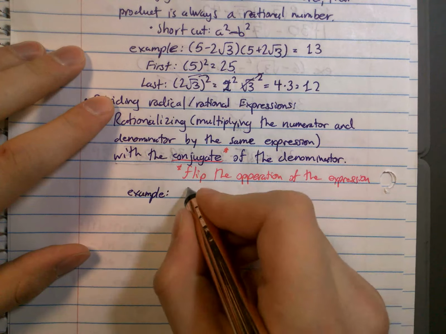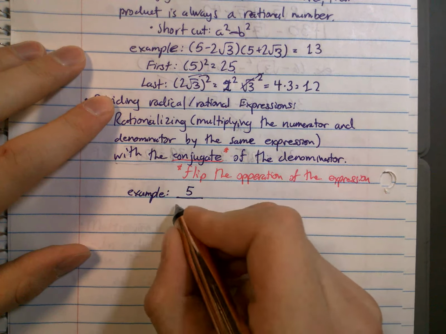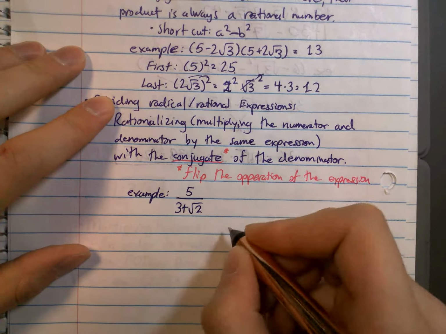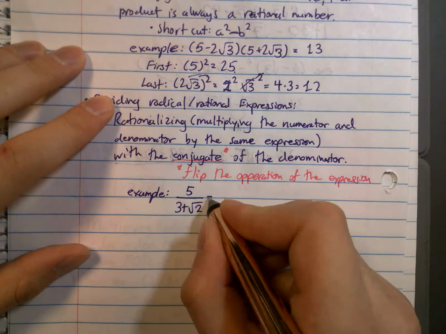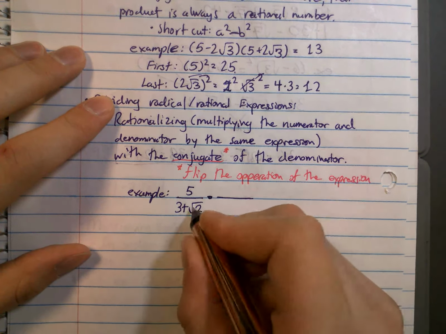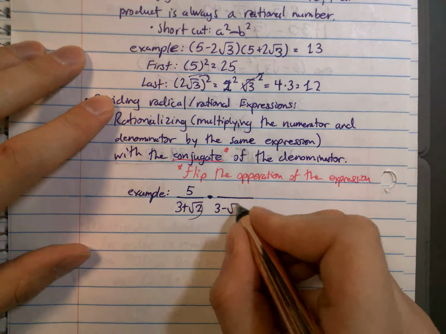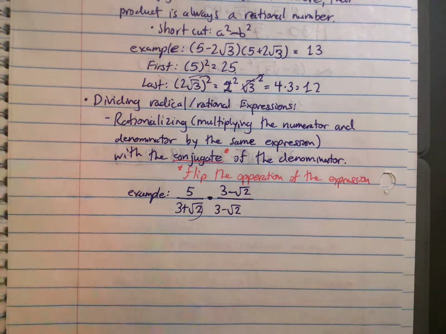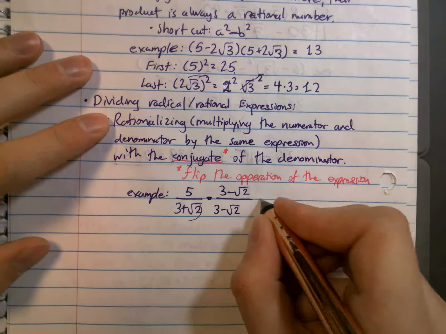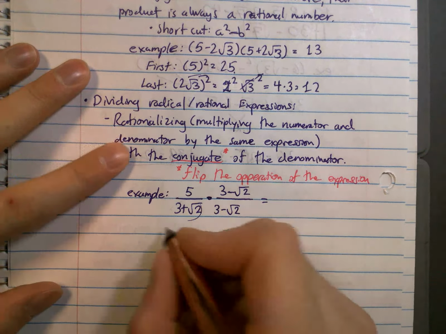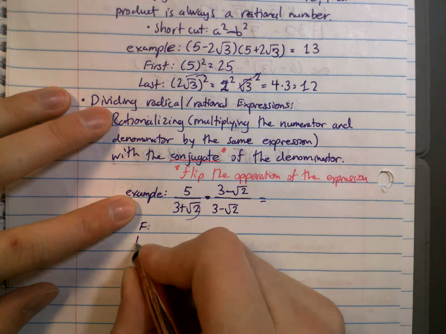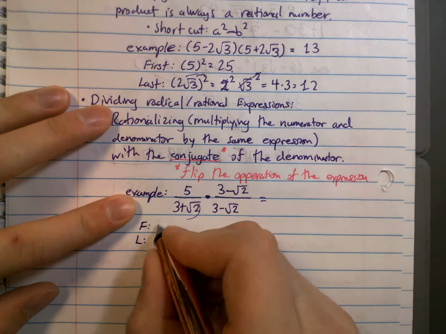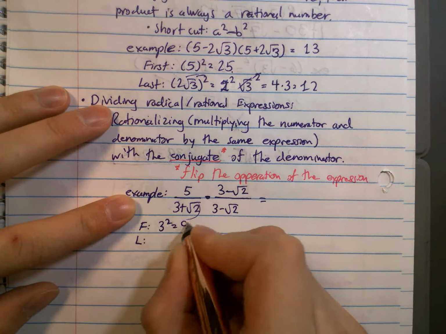So, for example, we have 5 over 3 plus radical 2. We're going to multiply that by the conjugate of the denominator, which is going to be 3 minus radical 2. So, on the bottom, we use our shortcut from last time again. I'm just going to put F for first, L for last. First would be 3 squared, which is going to give me 9.